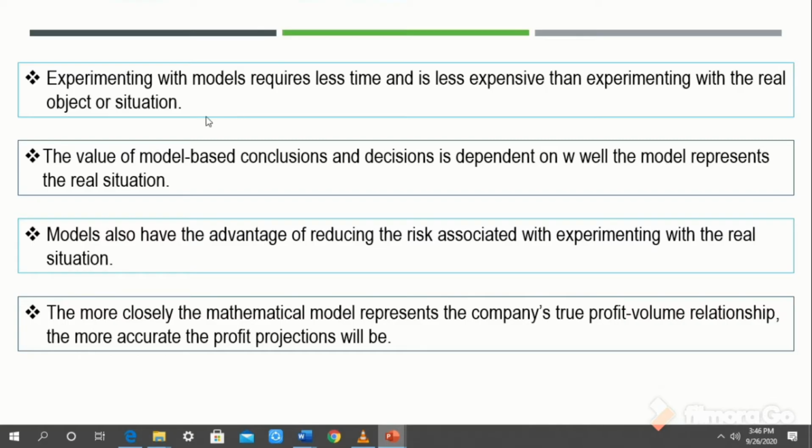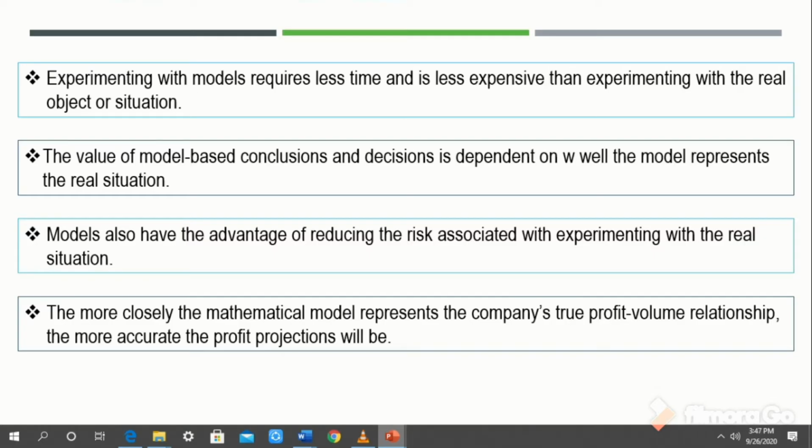For example, engineers or architects make a model that is similar in form to the building. And then the value of model-based conclusions and decisions depends on how well the model represents the situation.